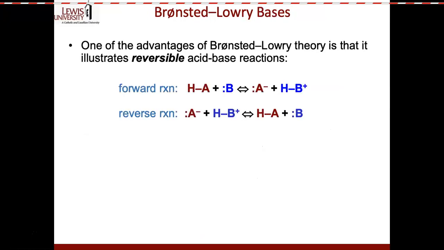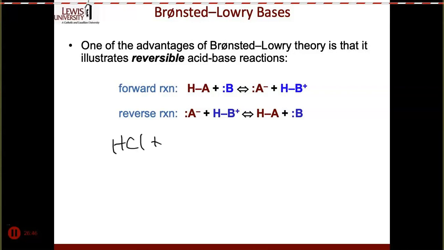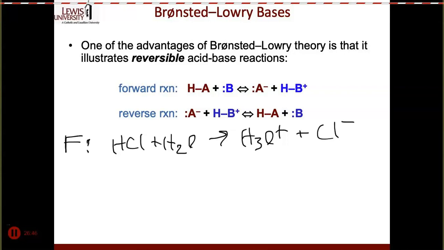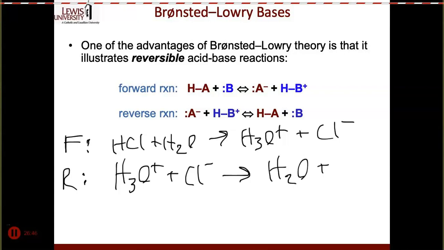But if we think about this, our forward reaction, right, is HA plus B. So we would say, okay, this is our forward reaction. H2O gives us H3O plus and Cl minus, right? So that's forward. We could also look at this in the reverse if this is the equilibrium. And in the reverse, we would have H3O plus plus Cl minus, and that would make H2O and HCl.